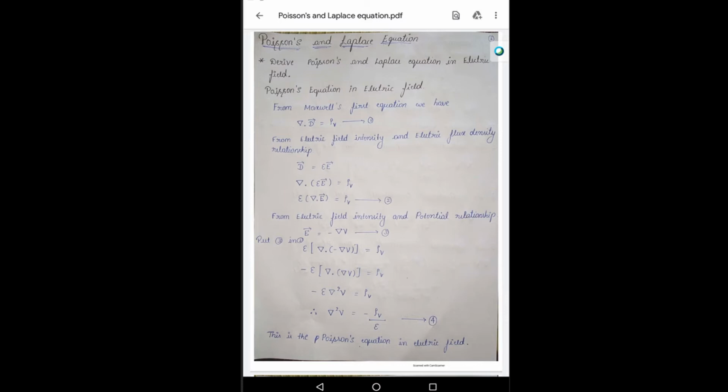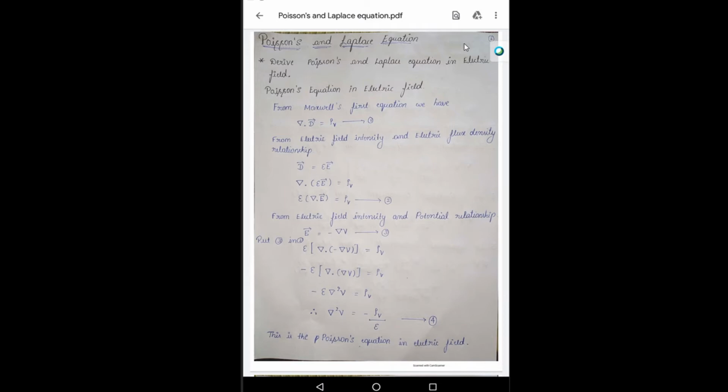Then we have derived in the last class that field and potential are related by E is equal to minus del V. So the value of E in equation 2 can be replaced by minus del V. So epsilon is outside, del dot, and vector E is replaced by minus del V. If you simplify that, minus you can remove outside, that is minus epsilon.